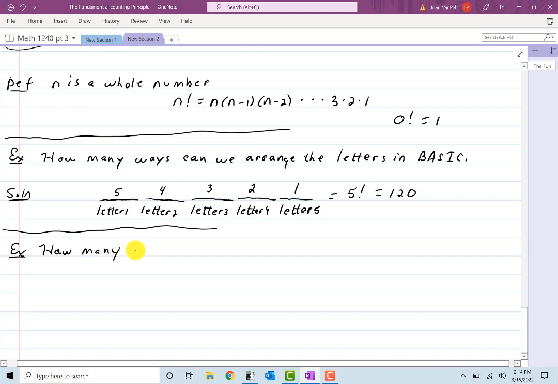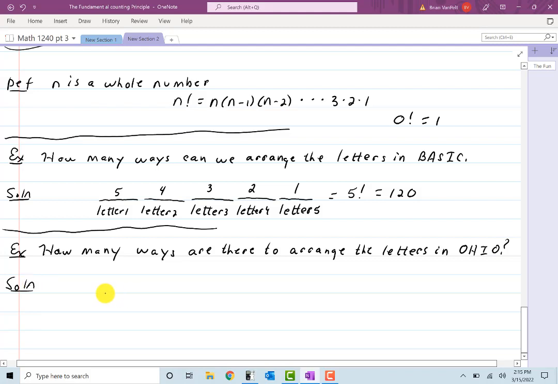How many ways are there to arrange the letters in Ohio? So we look here and we might do the same thing. We might say 4 factorial because there's 4 letters. However, that would be wrong.